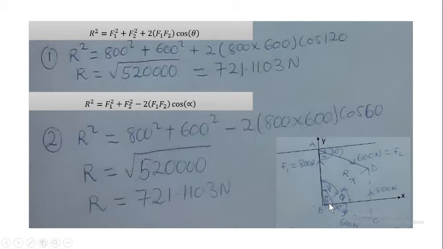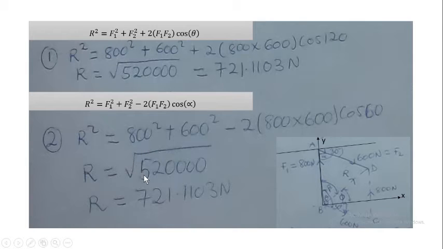the angle theta here, you can use the angle alpha between the two forces, and that angle is given to us to be 60. And when you slot in the value of alpha into the equation, your r squared becomes 800 squared plus 600 squared minus 2 times the product of 800 and 600 cos 60.